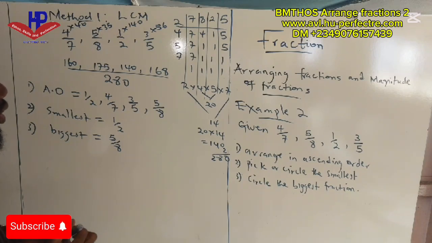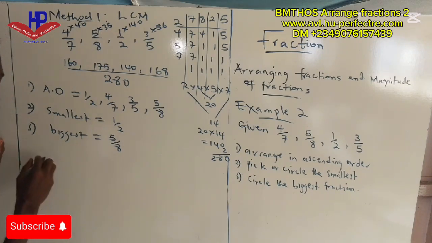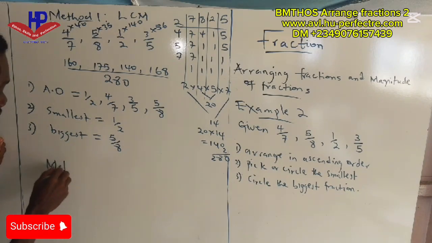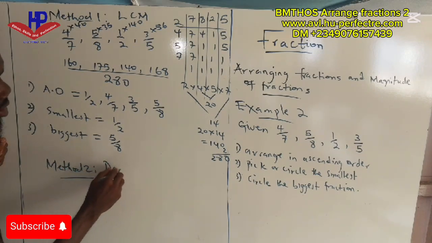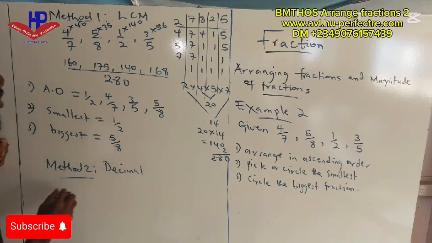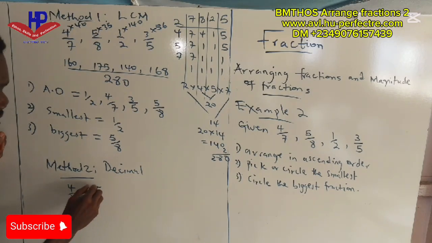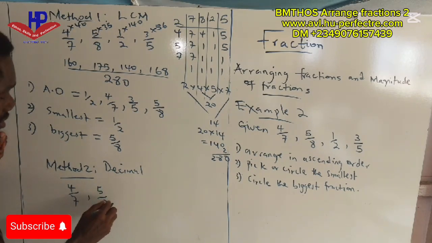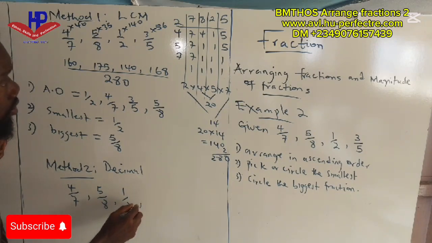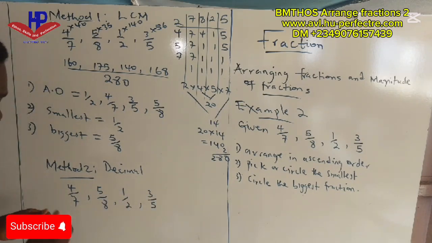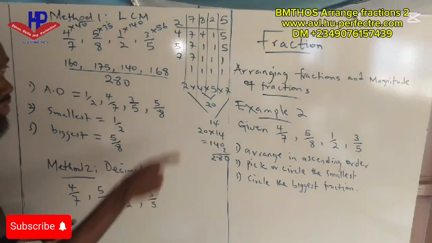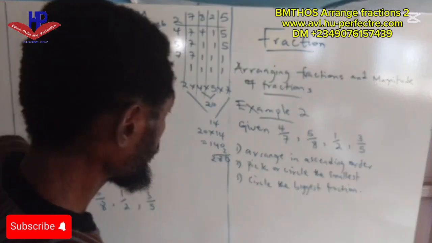Now, what if we want to use the decimal method, method 2? The fractions are 4/7, 5/8, 1/2, 3/5. Let me clean this part to continue the work.